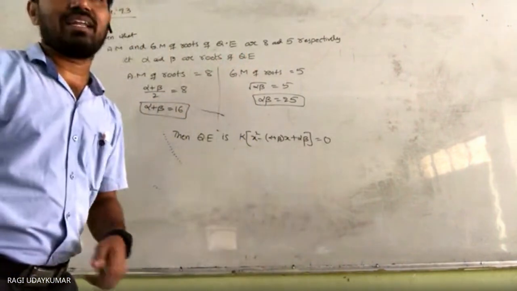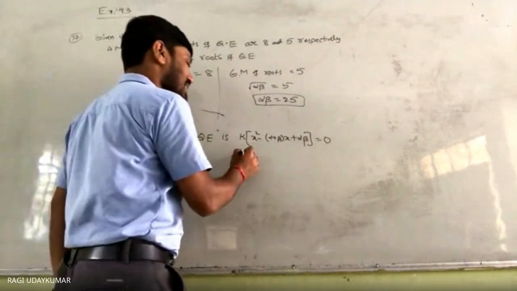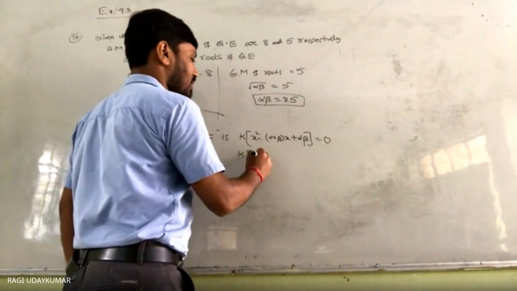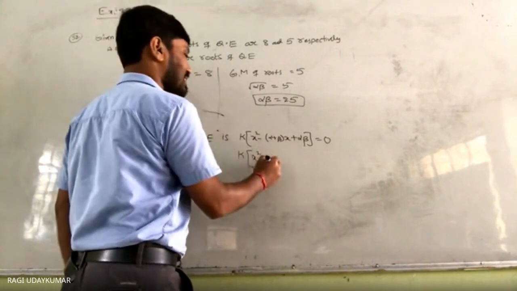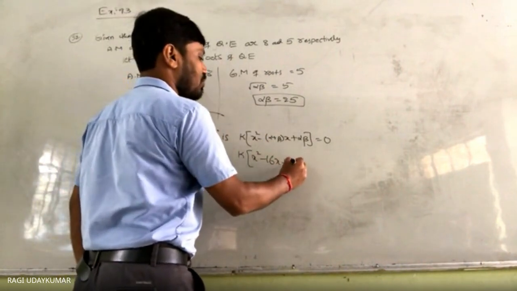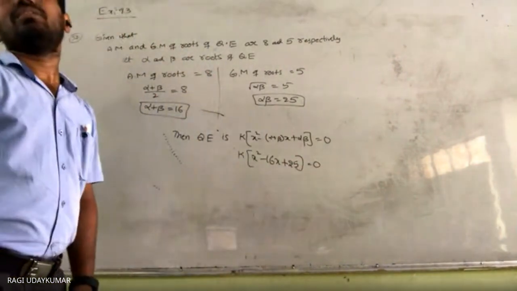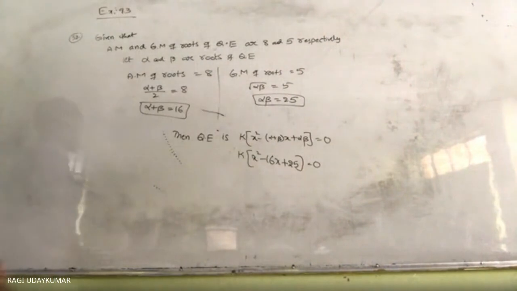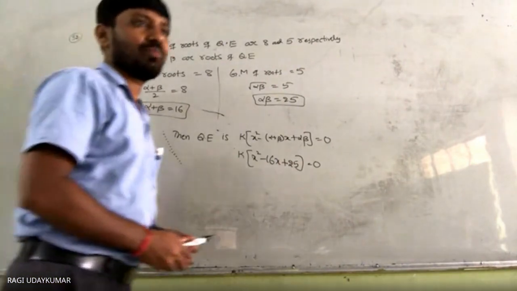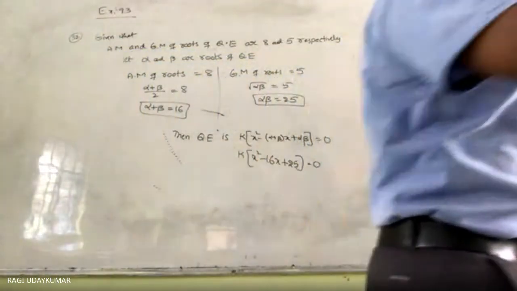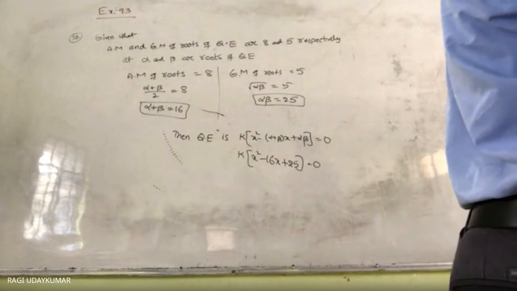You said quadratic equation, so some constant k into x square minus 16x plus 25 is equal to 0. k can be taken as any non-zero constant, and then the quadratic equation satisfies the required answer.